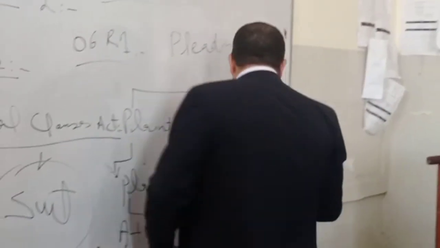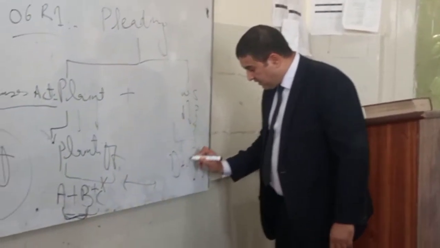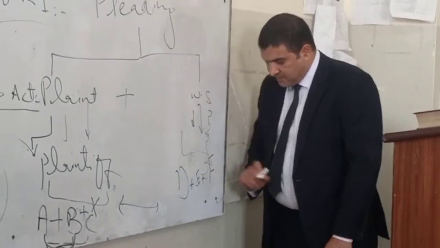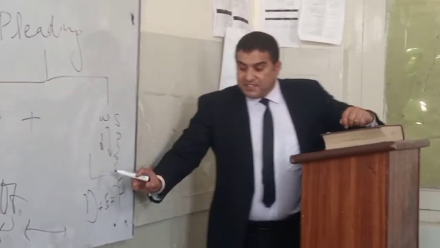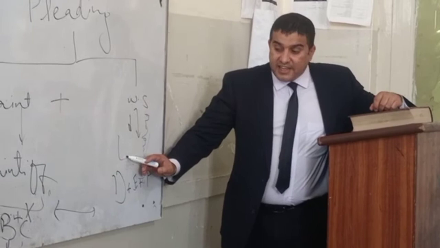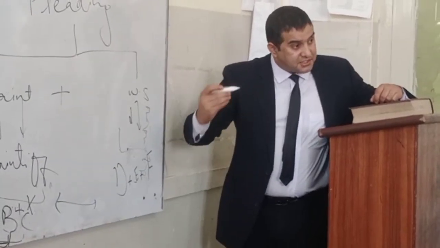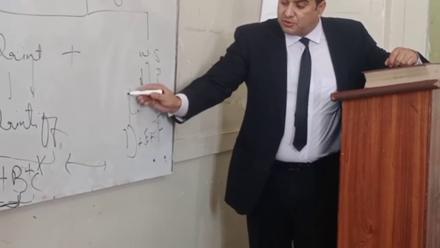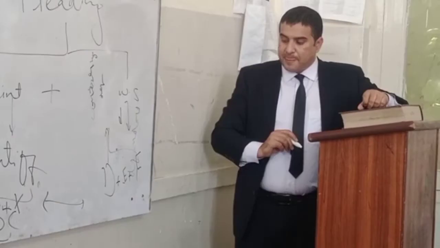Now coming to the defendants, D, E plus F. If D does not accept the allegations, the assertions, the pleas of the plaintiff, he is known as contesting defendant.